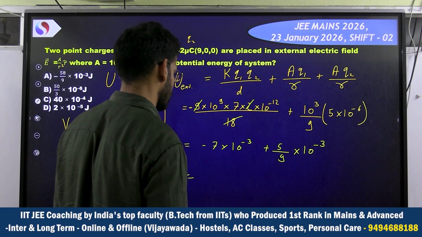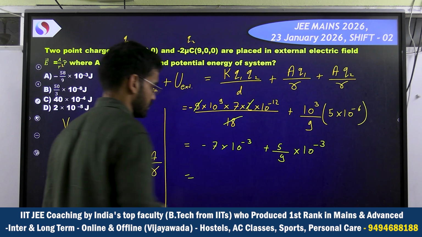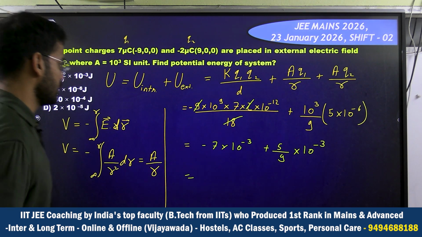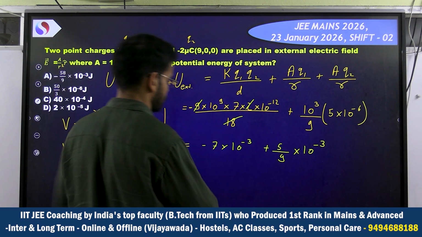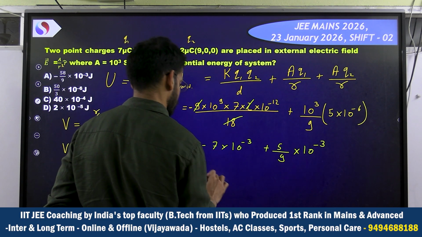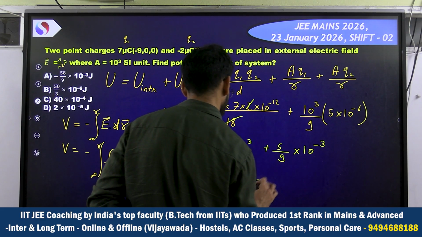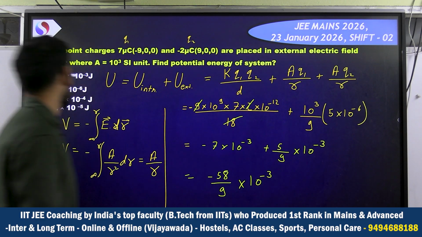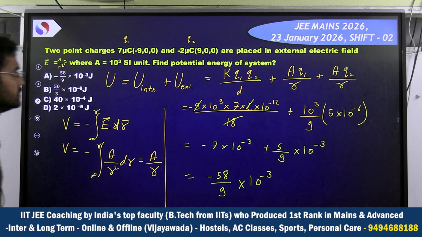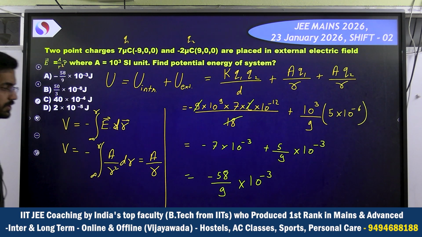So this will come how much? 9 into 7 plus 5. So this is minus sign, right? So this is 63, 63 minus 5, 58. So minus 58 divided by 9, 10 to the power minus 3. That is your overall potential energy, and obviously in joules, everything in SI unit. So according to that, we can say option A.